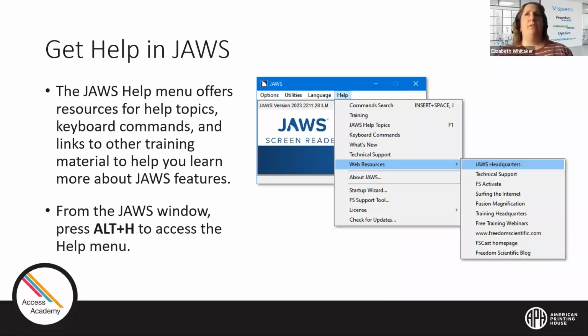And then you're also going to find check for updates. That is what Ryan was talking about earlier when he said, if you're running version 2022 and you want to update to 2023, you can go to check for updates and it's going to be there as well. So I just wanted to mention how useful that help menu is and all of the information that you can find there. And with that, I'm going to turn it over to Mike.